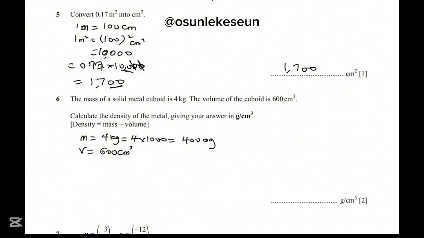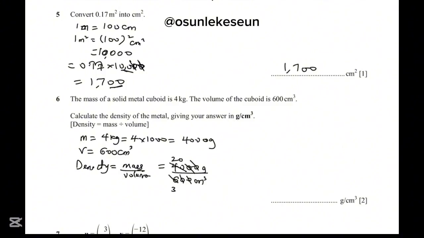We're told to look for the density, and density is mass over volume. So in this case, what is our mass? Well, 4000 grams all over 600 centimeters cubed. So we can cancel out the 0 here, cancel out this. So 40 divided by 60, 2 here gives us 3, 2 here gives us 20.